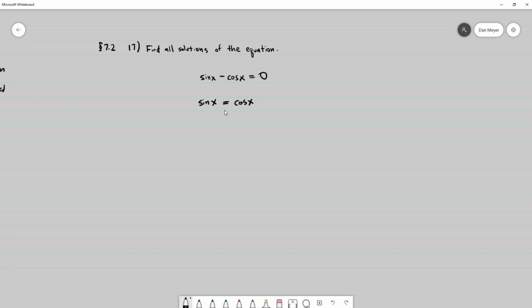Where is the x coordinate, that's the cosine, equal to the y coordinate? And you will see on your unit circle that is at pi over 4 in the first quadrant. And it also happens in the third quadrant at 5 pi over 4.